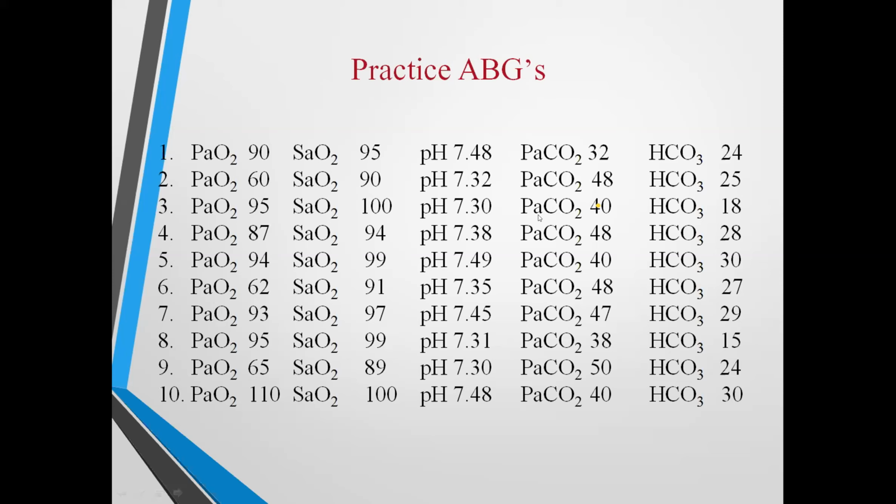Okay, number 3. PO2 95, SaO2 100, pH is 7.3, PCO2 is 40, bicarb is 18. Metabolic acidosis. It's metabolic acidosis. 4. PO2 87, SaO2 94, pH 7.38, PCO2 is 48, bicarb is 28.